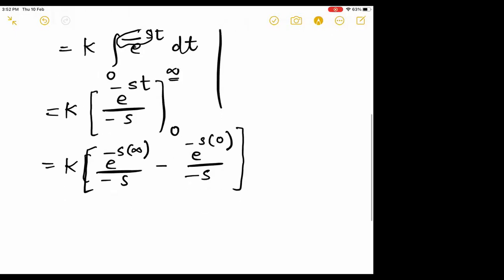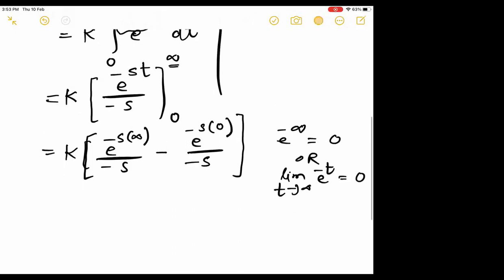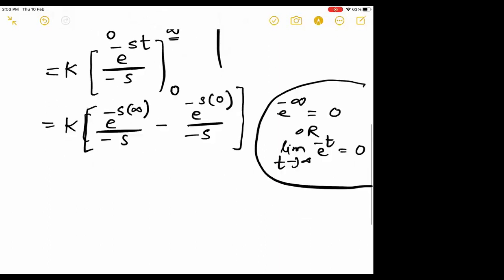So this is a basic integration which we are doing. And here, this is important. E raised to minus infinity will be always equivalent to 0. Or this is the same thing as in the limiting form, limit t tending to infinity, e raised to minus t will be giving you the answer as 0. That can be used here for the upper limit.